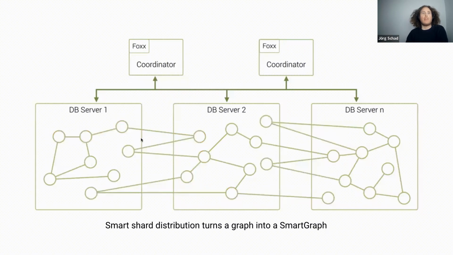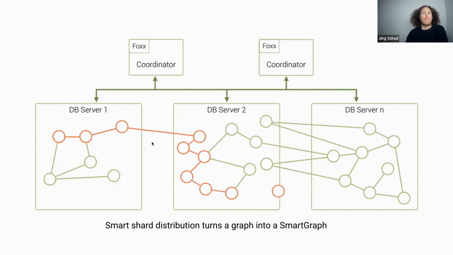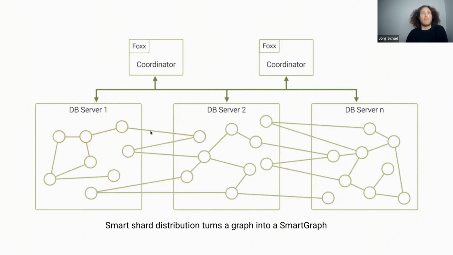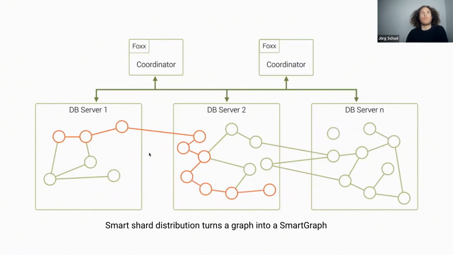The animation we can see here right now shows how the smart shard distribution can help us minimize those network hops in between. And as the query optimizer is also aware of the sharding, we can push down a lot more queries to individual DB servers.